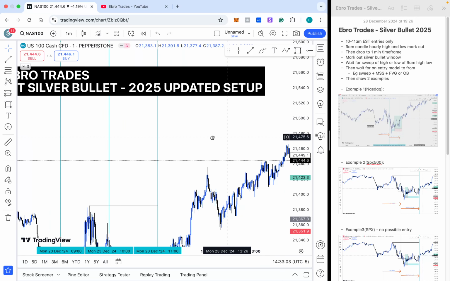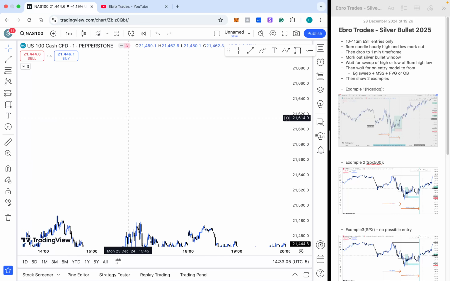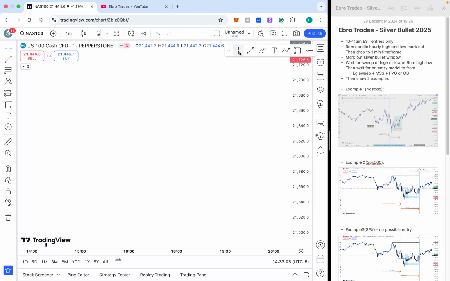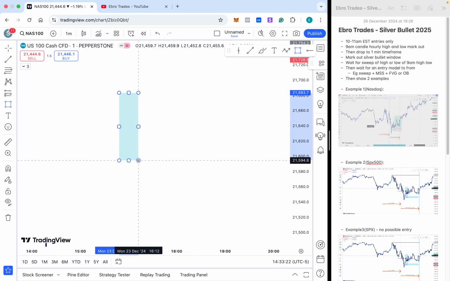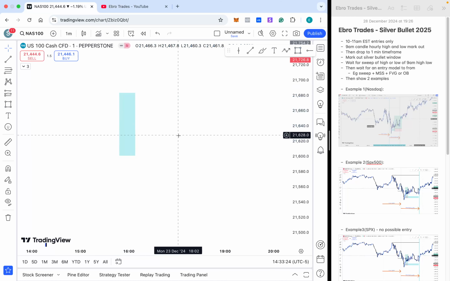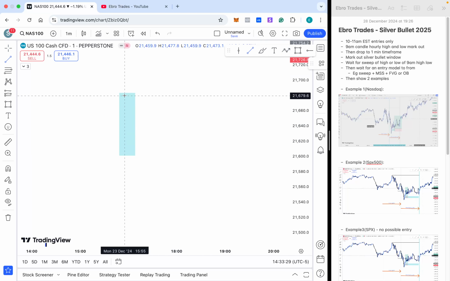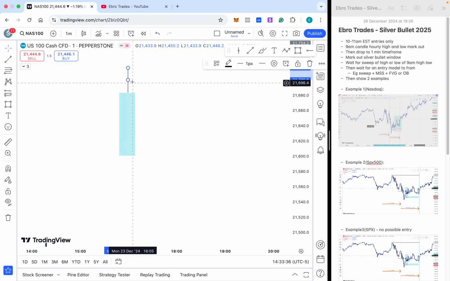Now, I'll make a sort of brief summary of how the strategy works just over here. So what we're doing is, on the hourly time frame, on the Eastern Standard Time, aka UTC -5, we are going to look for the 9 a.m. candle, aka the candle that goes from 9 to 10 a.m. in the morning.